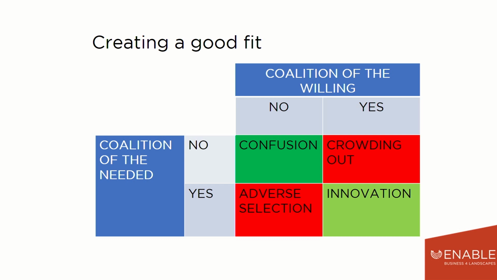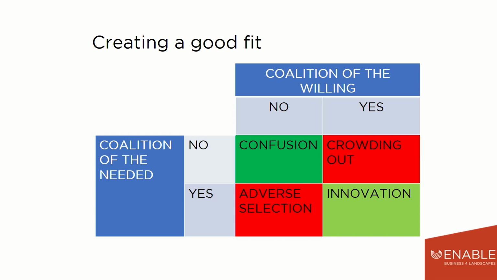In the top right red box, you can see what happens when the partners are willing but not needed. This is what we call the problem of crowding out. It appears when those that are needed have a lower incentive to contribute, and probably also because others are doing their job for them.